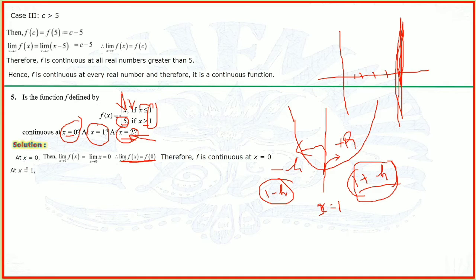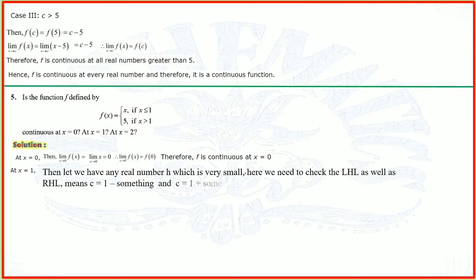Now at x is equal to 1, let h be any real number which is very small. Here we need to check the left hand limit as well as the right hand limit, that is 1 minus h for the left hand limit and 1 plus h for the right hand limit.